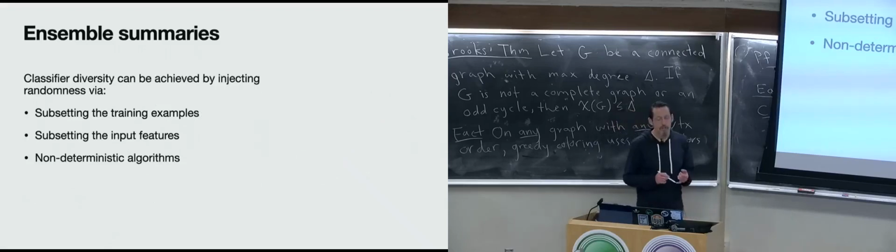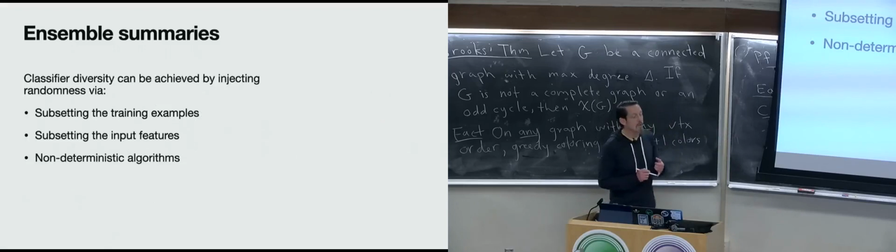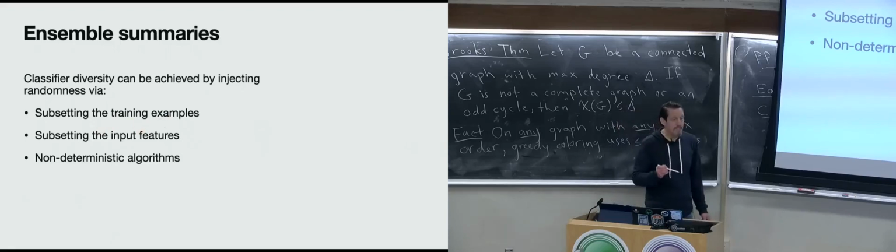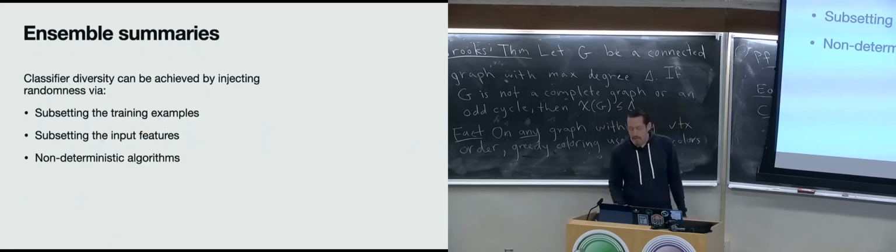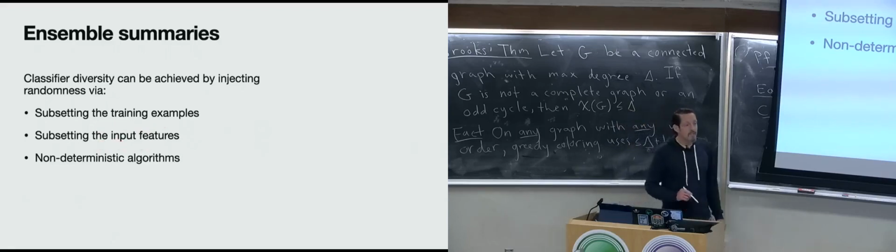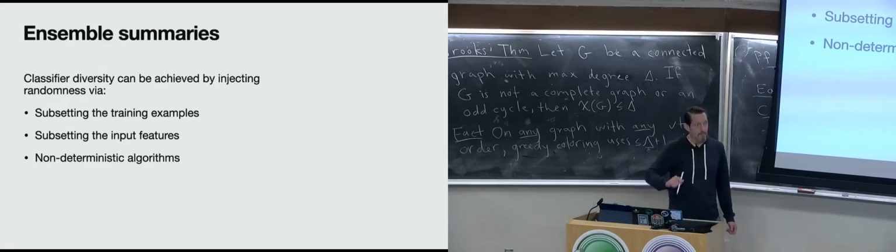So in general, what we've talked about for ways to make diverse classifiers is subsetting training examples, the rows of the data. That's called bagging. Subsetting the input features. That's the random forest algorithm.